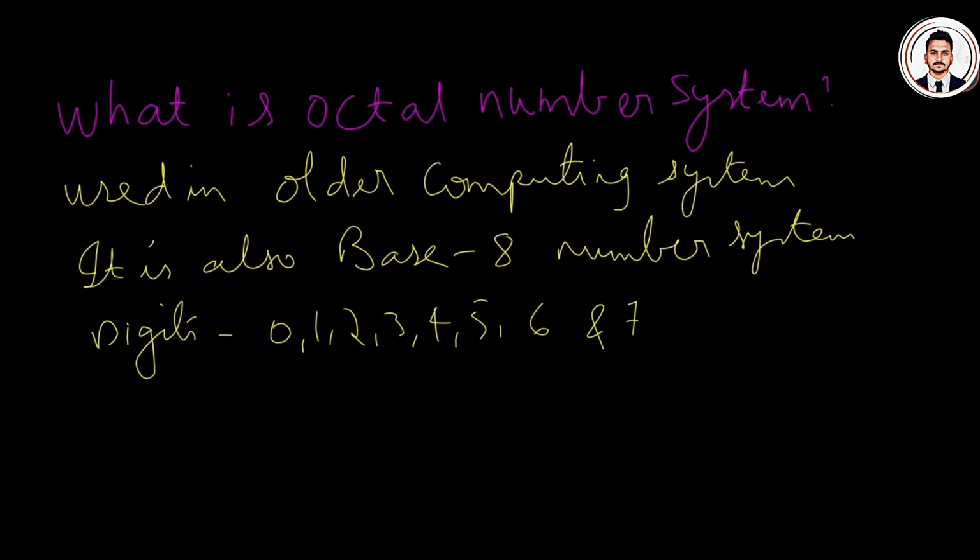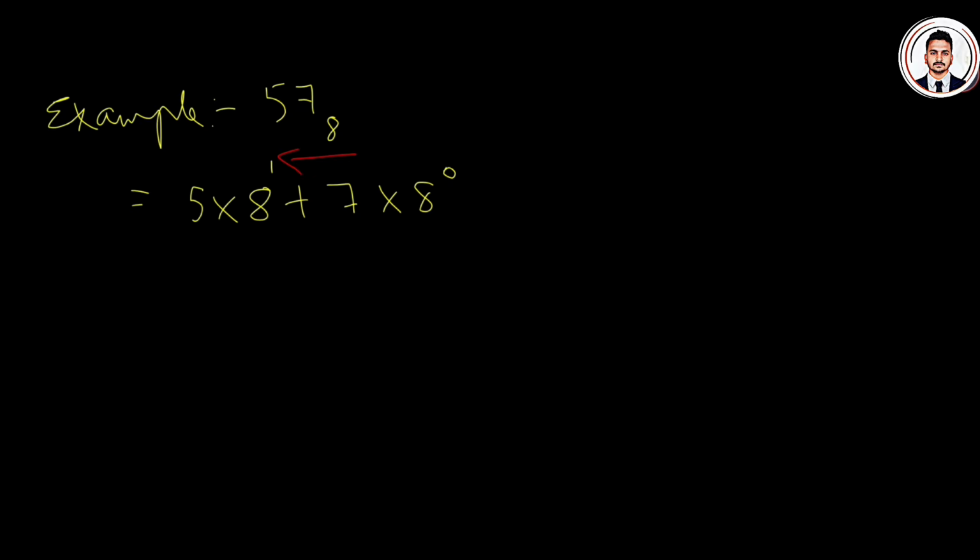Now I will explain how to convert the octal number system into a decimal number and vice versa. We will take one example: 57 base 8. The same method we followed to convert a binary number into a decimal number, we will follow here. First we will take from right to left. For the right number 7, we do 8 power 0, and for the 5, 8 power 1.